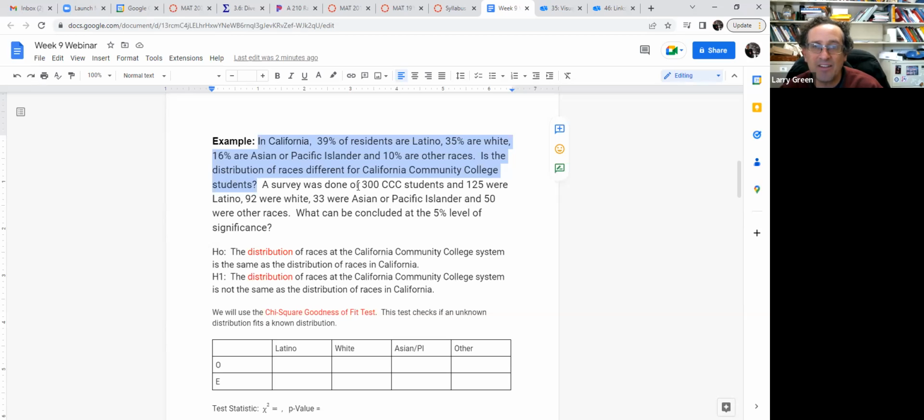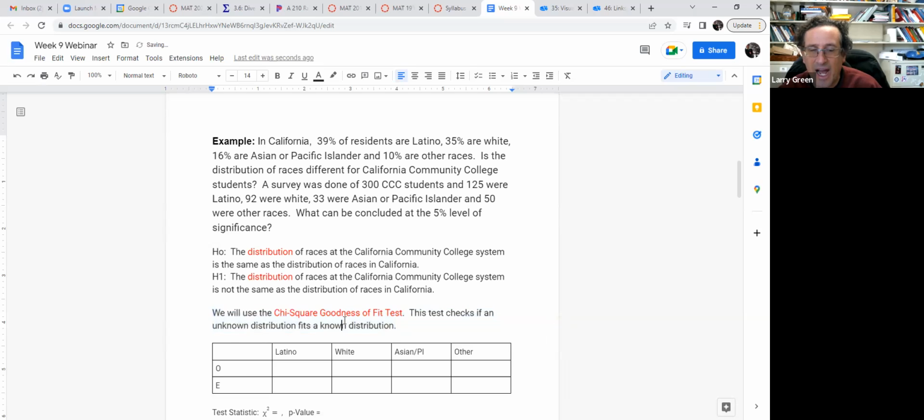The hypothesis test that we've got with this H0 and H1 is called a chi-squared goodness of fit test. The reason we call it a goodness of fit test is we want to say, does the distribution of our sample fit the population distribution of what we're testing for? Any questions on that?